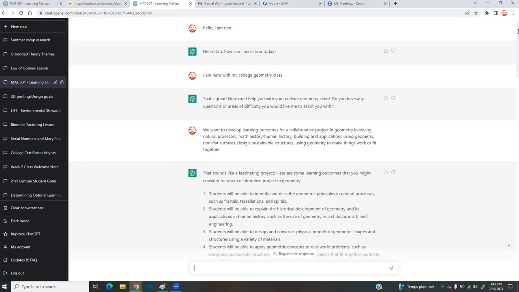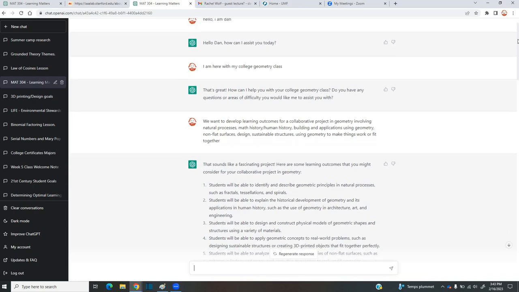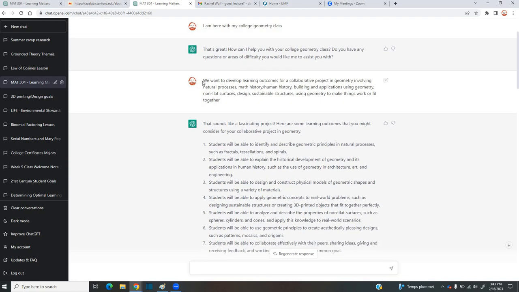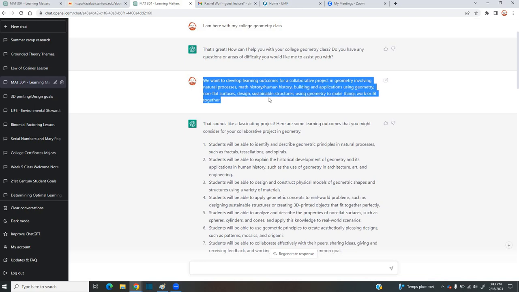So we collectively made learning goals, and this is what this was. We wanted to develop learning outcomes for ourselves for a project we could work together on in geometry that involved natural processes, math history, human history, building and applications using geometry, non-flat surfaces, design, sustainable structures. Those are all inputs that the class had. They wanted to learn about this kind of thing.